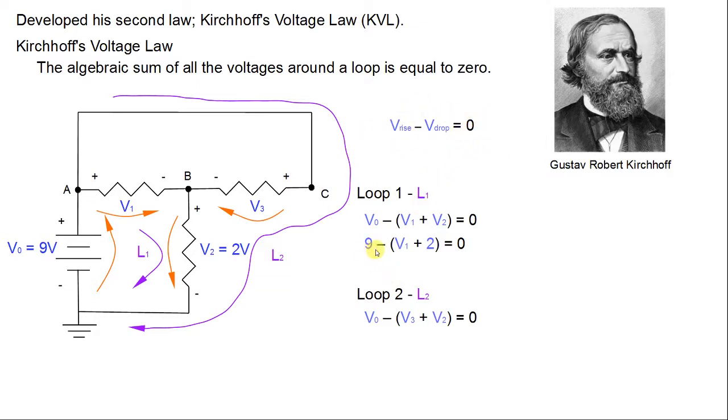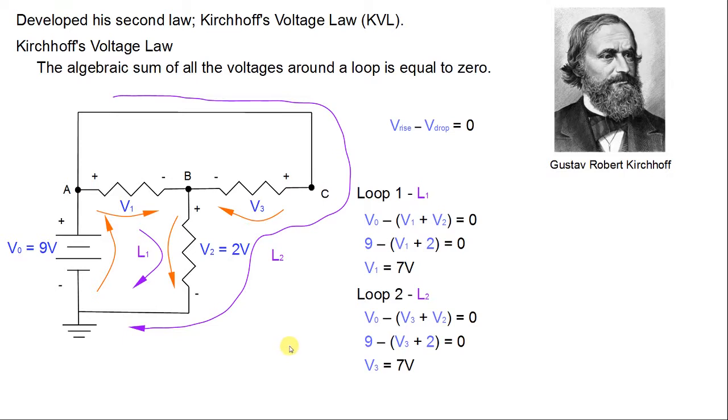So 9 volts is my rise, and my drops are V1 and the 2 volts. Well, for that to be the case, 7 plus 2 would be 9. Subtracted from the 9 would be equal to 0. So that would have to be 7 volts. V1 right here would be 7 volts. Okay, so here 9 minus V1 minus V2, that would also have to be 7 volts right here.